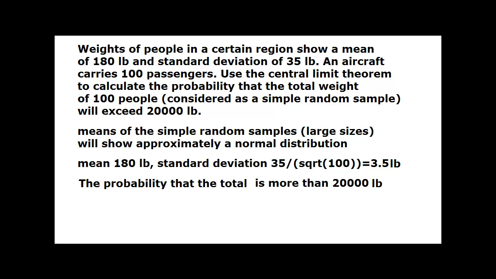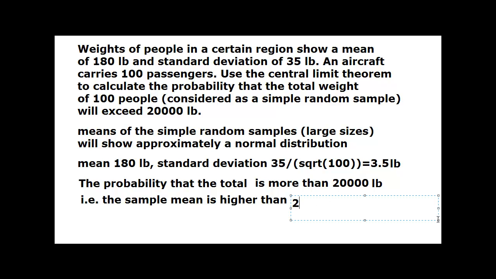And we have to compute the probability that the total is more than 20,000 pounds. Now, since we are talking in terms of the sample means, we will change it in terms of the mean of the sample. Okay, so we are looking at the sample mean being higher than how much? 20,000 divided by 100, which will be what? 200 pounds.